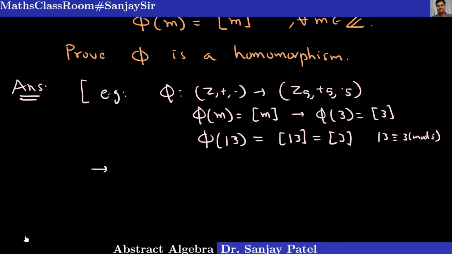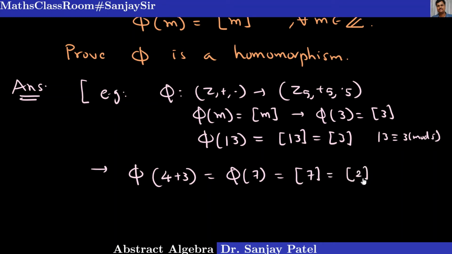Suppose I take 4 and 3 from the domain, and write phi of 4 plus 3, that is phi of 7, and that gives me the equivalence class of 7, but the equivalence class of 7 is the same as the equivalence class of 2. And in the same way, if I find phi of 4 plus phi of 3, remember these are the values of these elements of the domain. So this plus is the addition in the codomain ring.